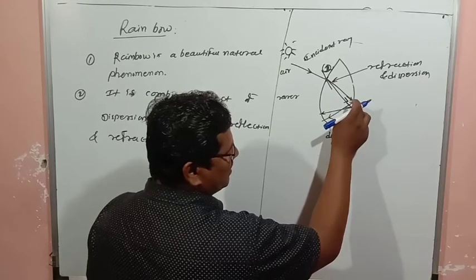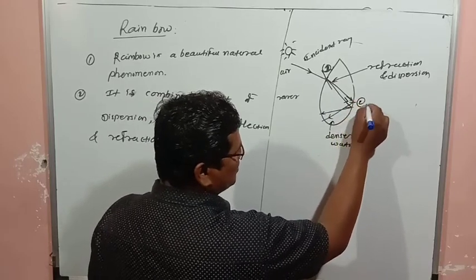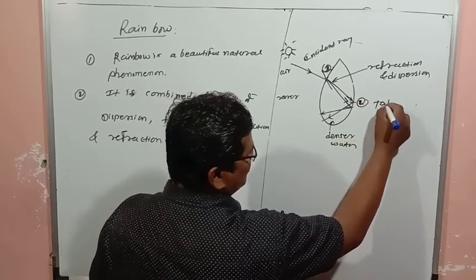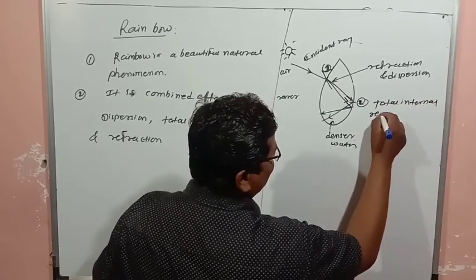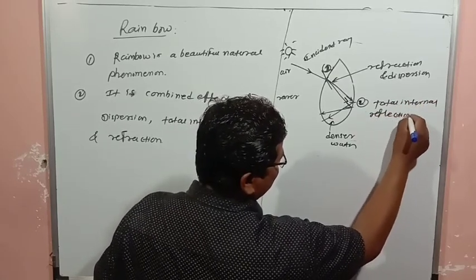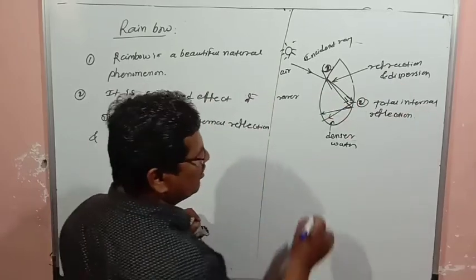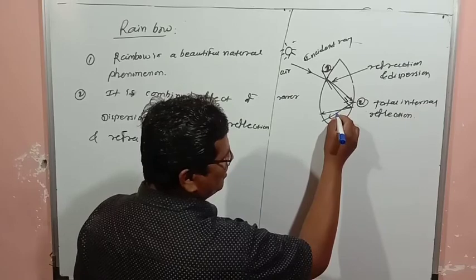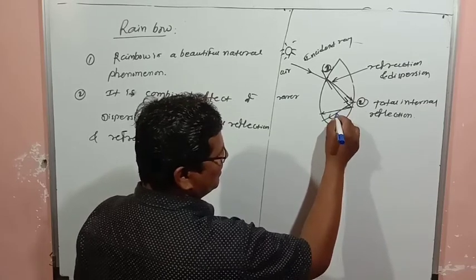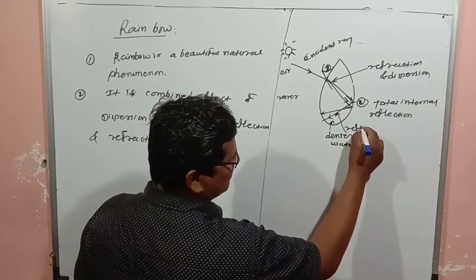Then at point 2, total internal reflection takes place. Now we'll see point 3. These are the reflected rays.